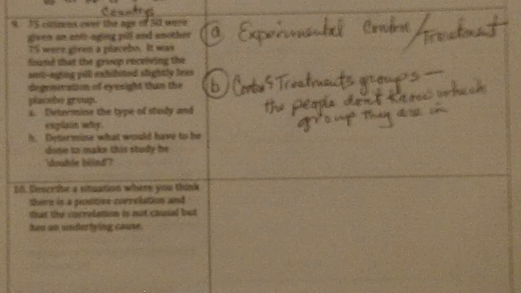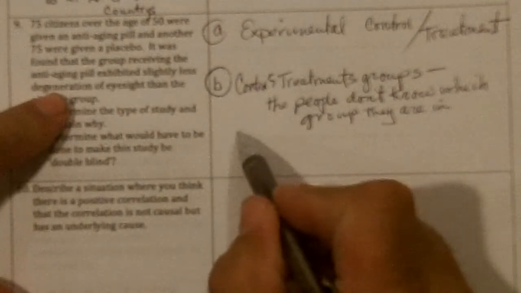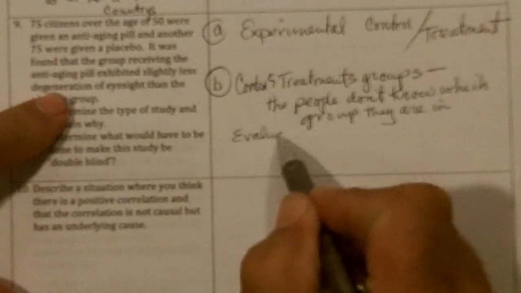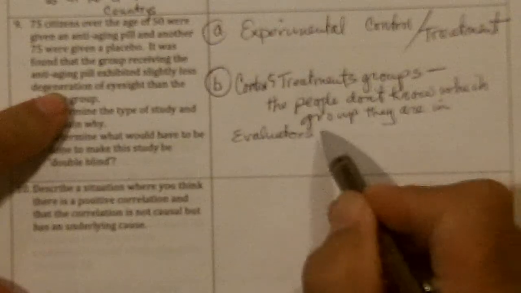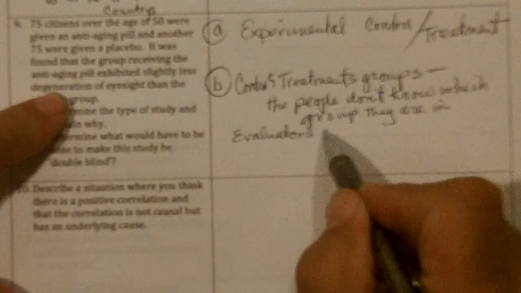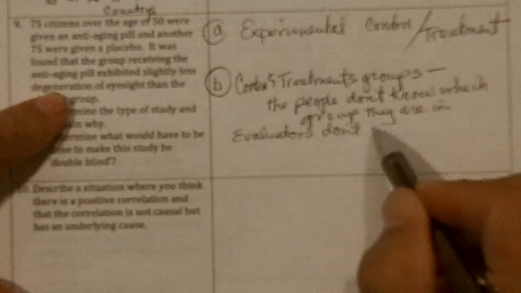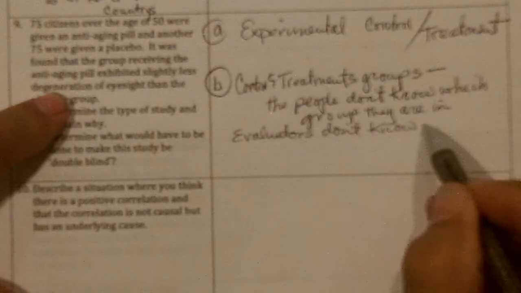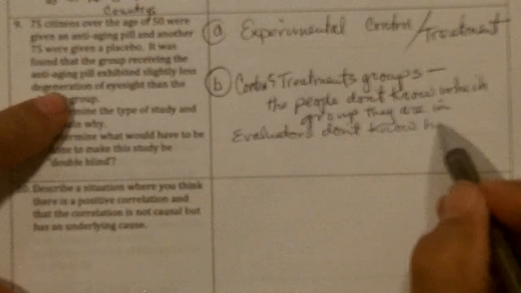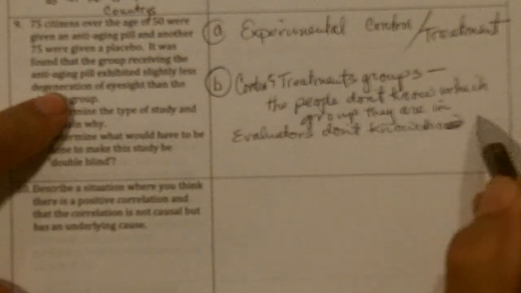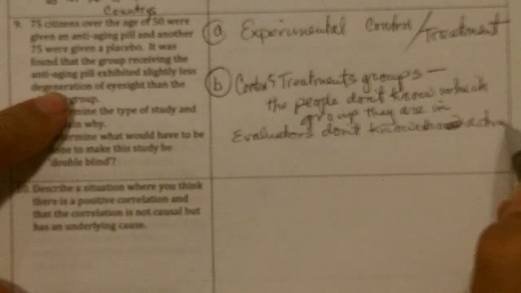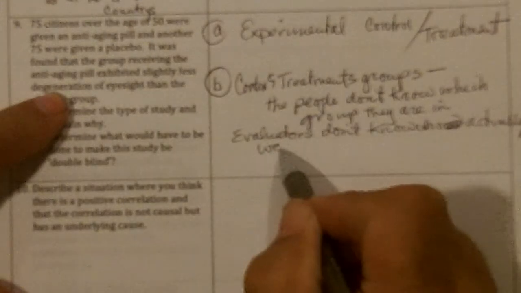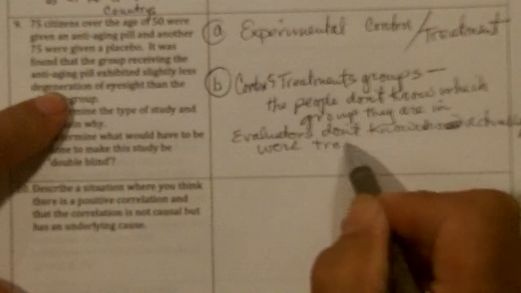And so that's the one blind. And then the second blind, the people who evaluate the aging, the evaluators, don't know who actually were treated and who just got the placebos.